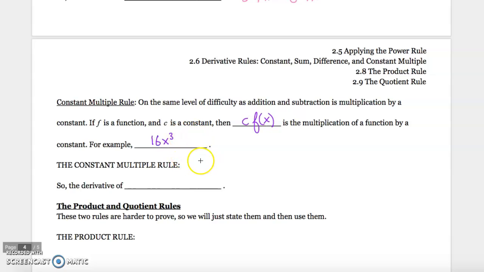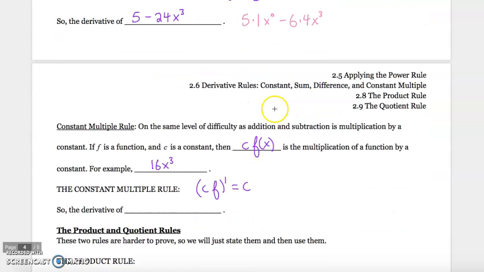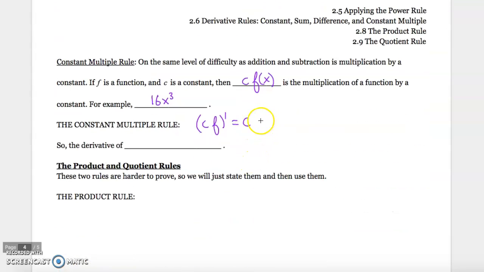The constant multiple rule says if you are trying to take the derivative of a constant times f, you can just leave that constant out front, and you've seen me cheat and do that a little bit already. And then take the derivative of just the function.